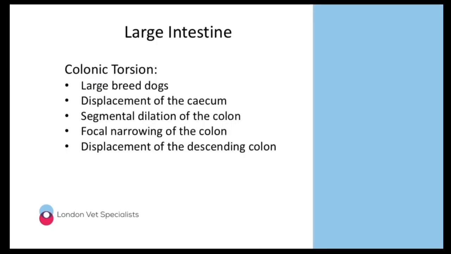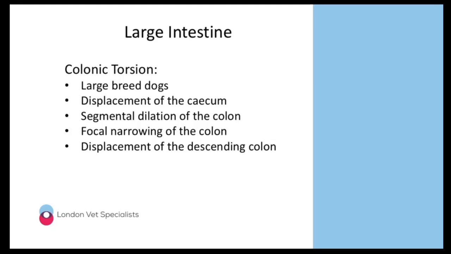And that brings us nicely onto the large bowel, and something that is not too common, but these patients with colonic torsion, they are out there, and it's certainly worth knowing what to look for, just in case you come across one. So colonic torsion typically occurs in large breed dogs.